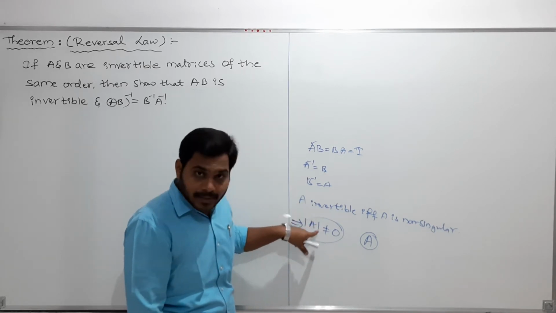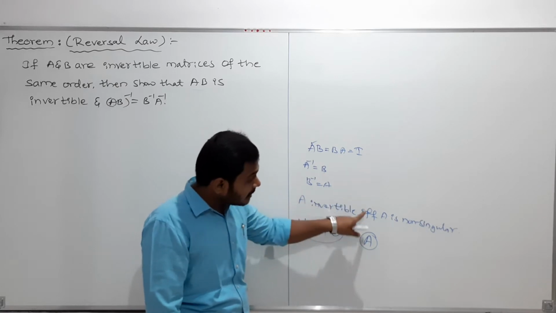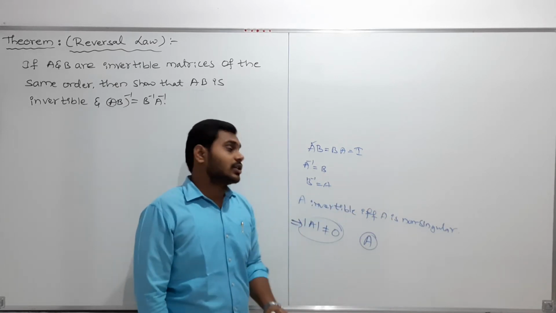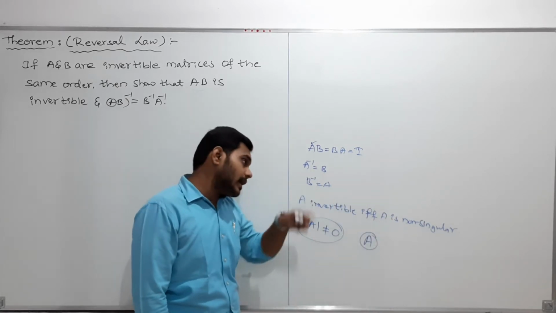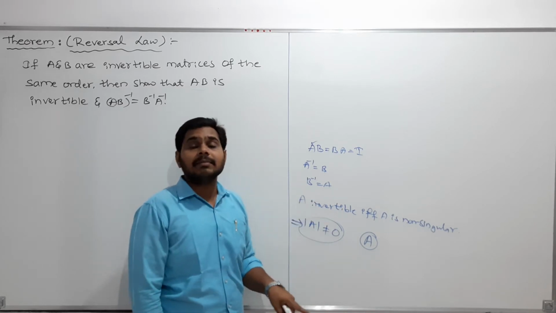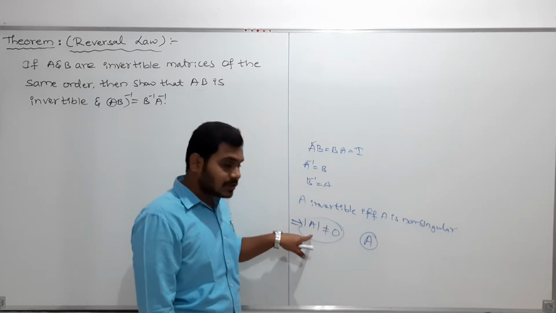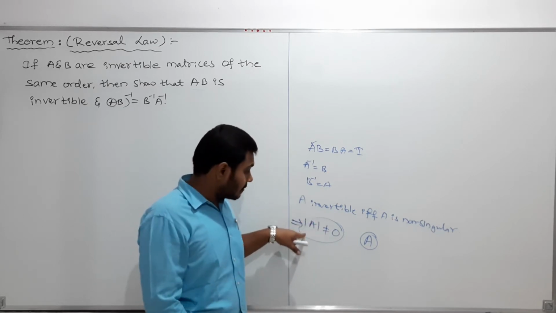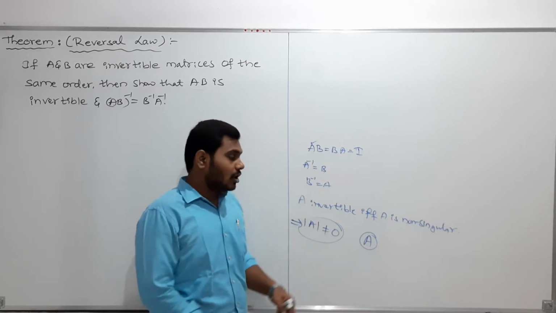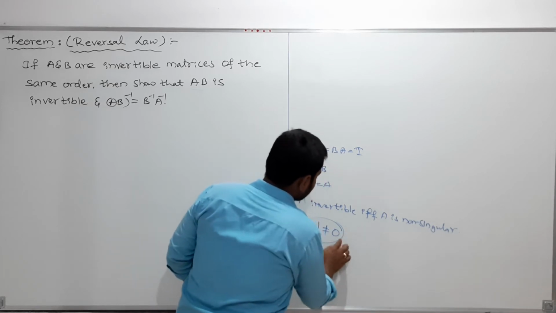This is so because A is invertible if and only if A is non-singular. If A is non-singular, then only A is invertible, which means A inverse exists. So A is invertible has another meaning: determinant of A is not equal to 0.